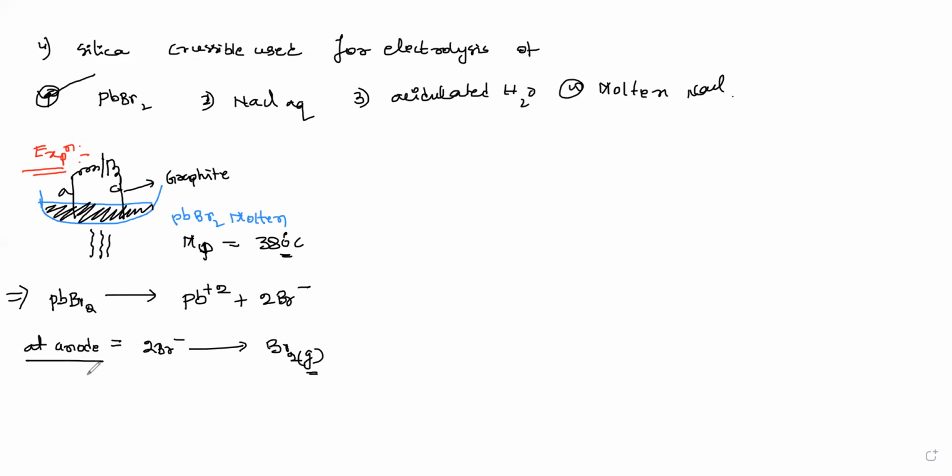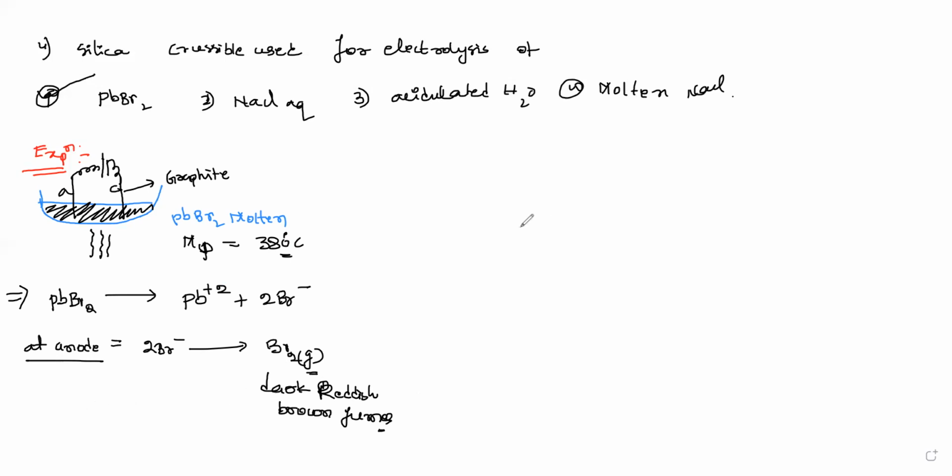Dark reddish brown fumes are liberated at the anode. So if these fumes are liberated, we should understand that bromine gas is liberated at the anode.